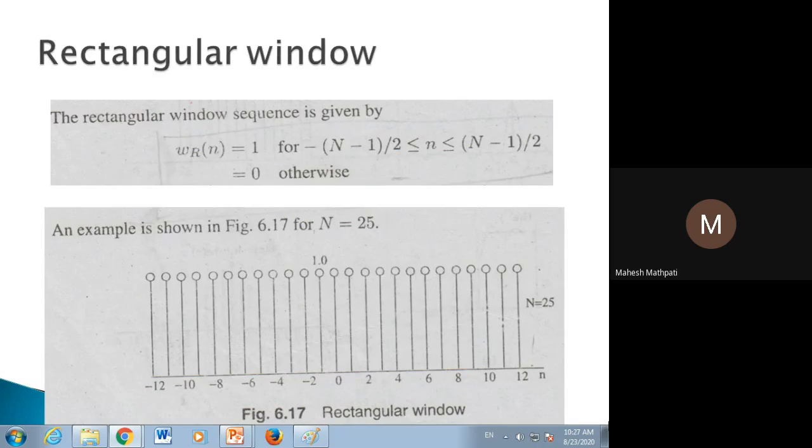Hope you all are able to see my screen. Please note down that. First note down the definition, then note down the graph.